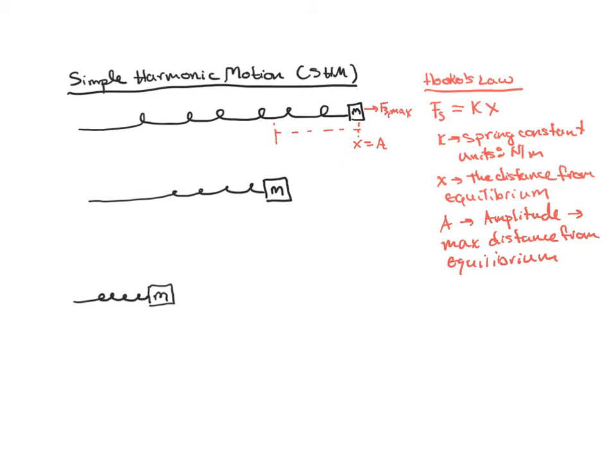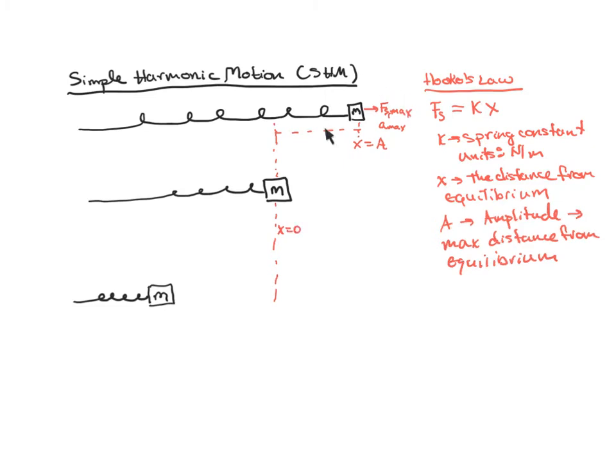Because this is the maximum force, this is also where you're going to see the maximum acceleration of the mass attached to the spring. The spring force is a restoring force, so it's going to pull back towards equilibrium. So this is going to be our equilibrium position, where x equals 0.